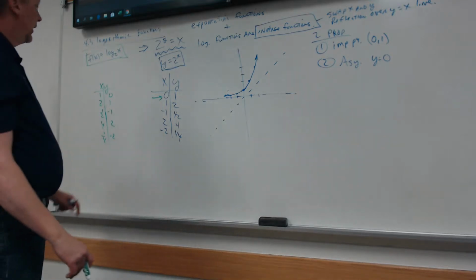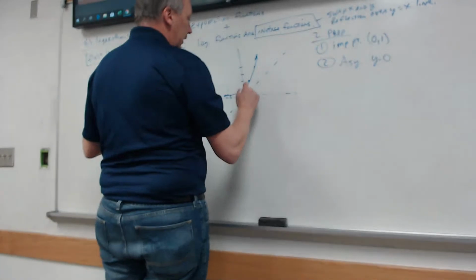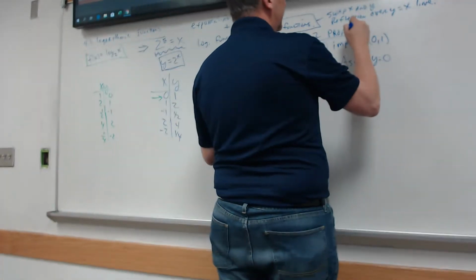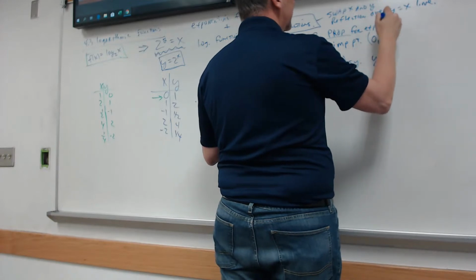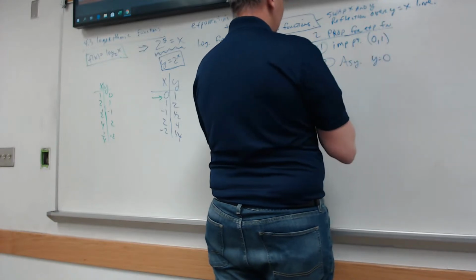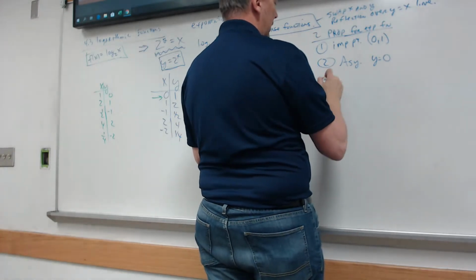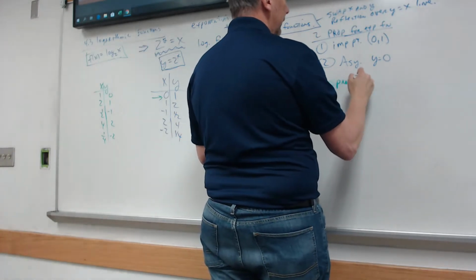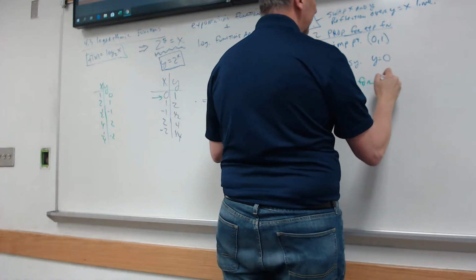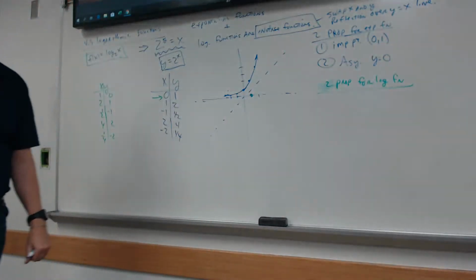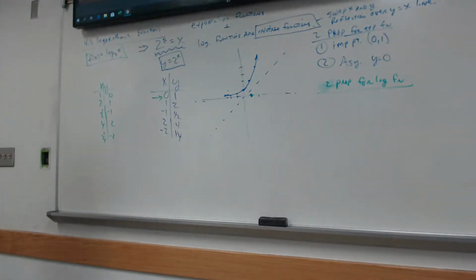Now, all right, so if I've got 1, 0, okay, so here we go. These are properties for an exponential function. Now we're going to have two properties for a logarithmic function. So what do you think these two rules are, James?